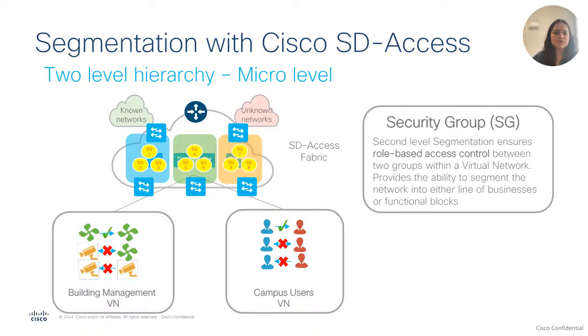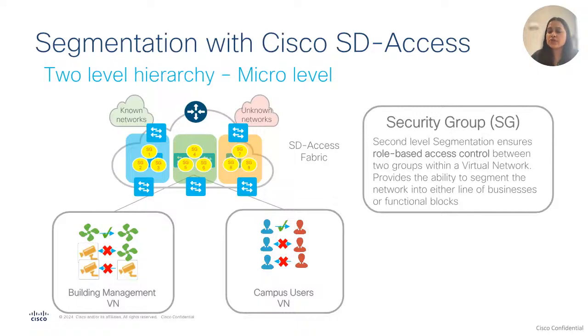The other concept of segmentation that Catalyst Center supports is micro segmentation, which means creating security group tags, which works exactly like how your VLAN ACLs used to work. It is to filter traffic within a subnet or within a routing domain, but with no complexity, unlike traditional networks.